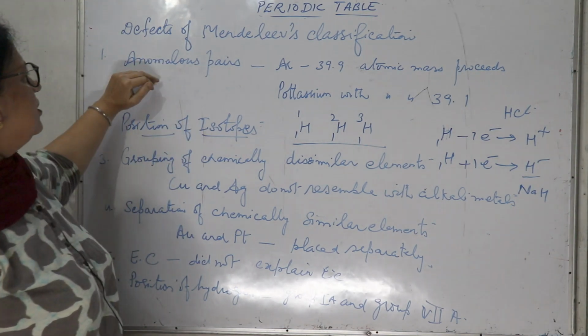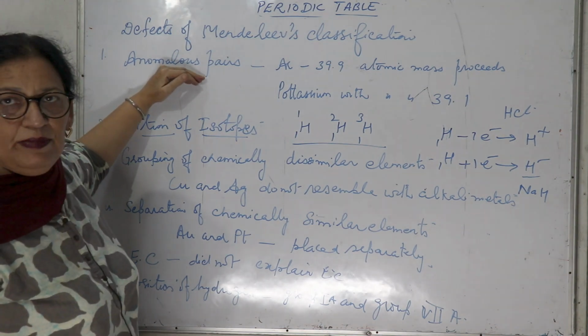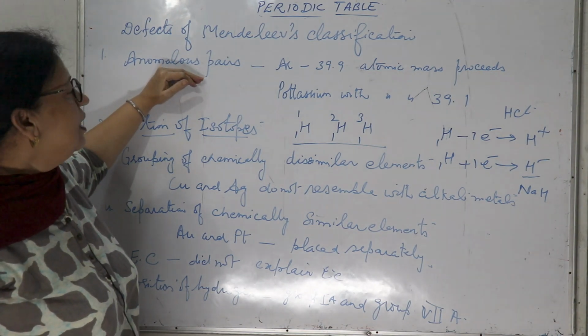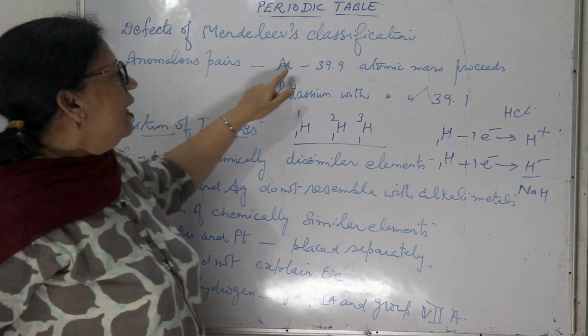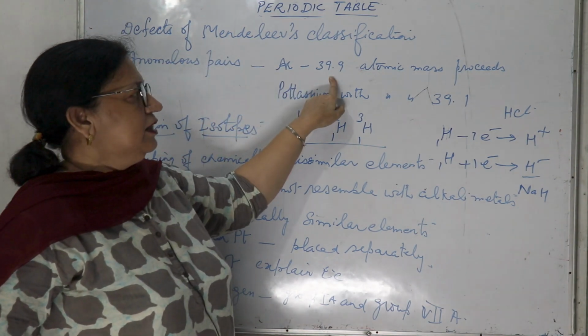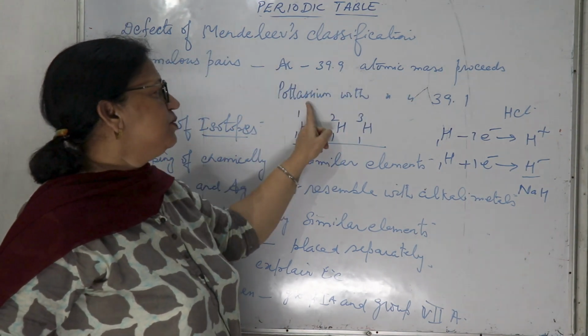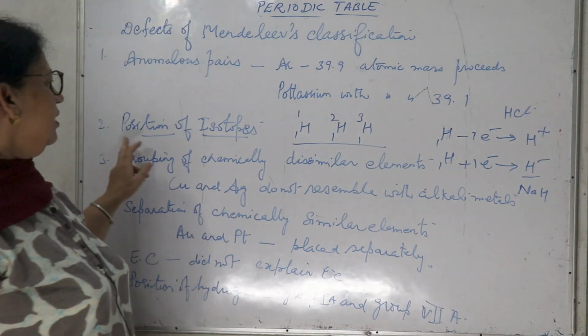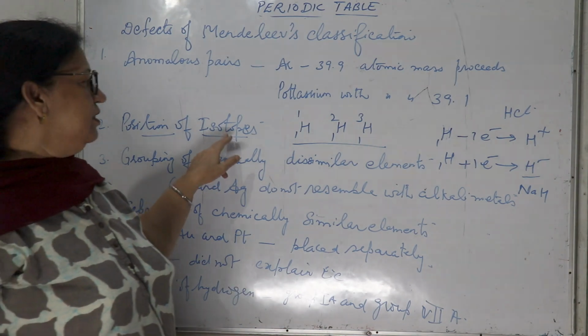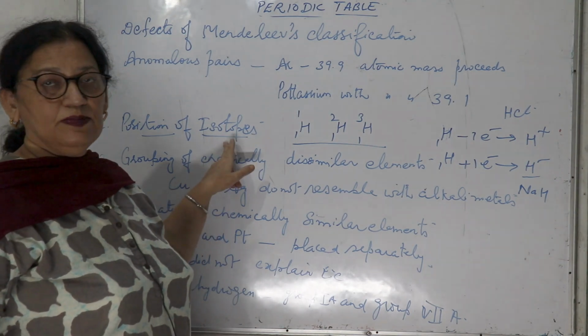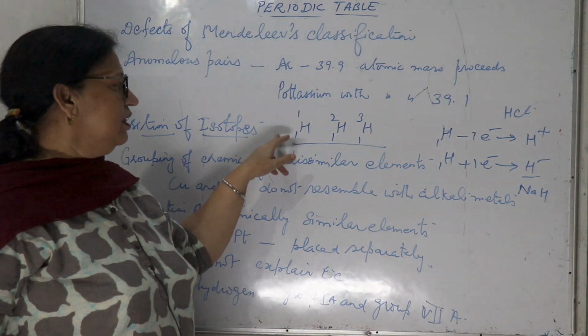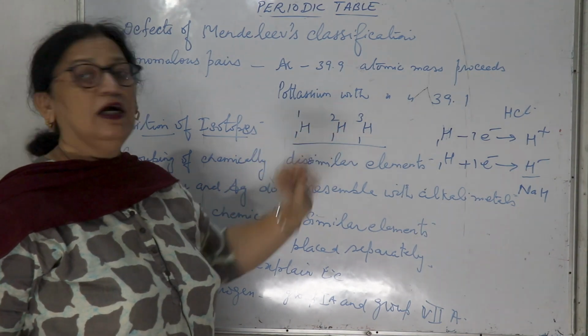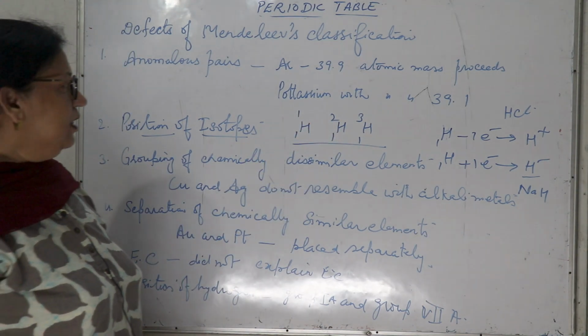Let us repeat. First one is anomalous pair. He made some anomalous pairs, means unique pairs, like argon, which has atomic mass 39.9, that precedes potassium with atomic mass 39.1. Secondly, position of isotopes. Isotopes are the atoms of the same element having same chemical properties but different atomic mass.